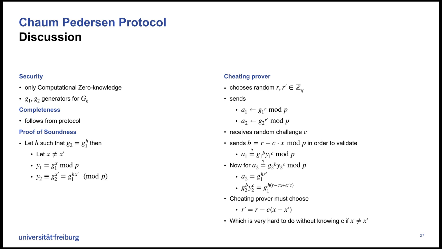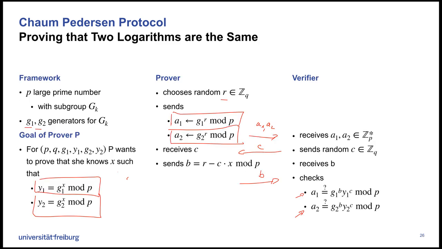So first of all, this is only computational zero knowledge. Now, if you want to simulate this protocol somehow, and you don't know the exponent, you have to somehow generate A1 and A2 which have the same exponent to G1 and G2.